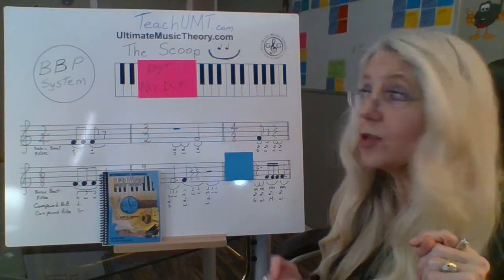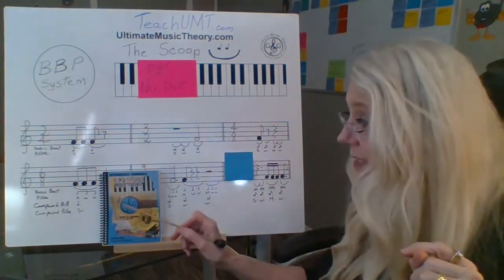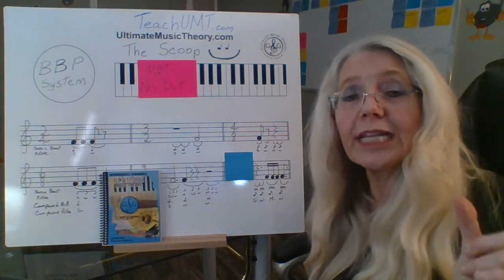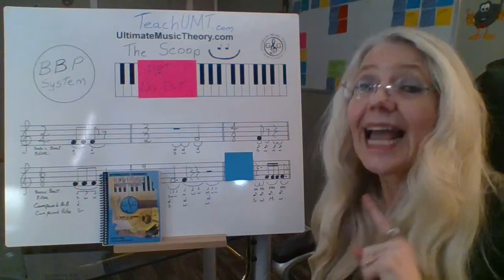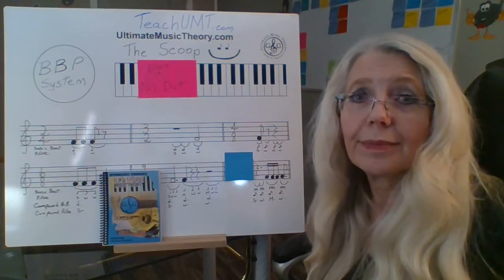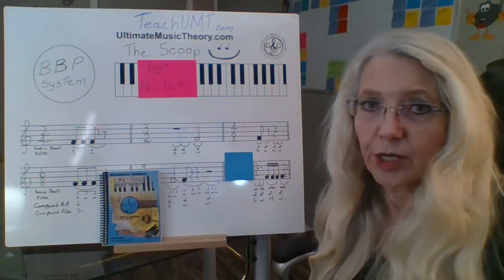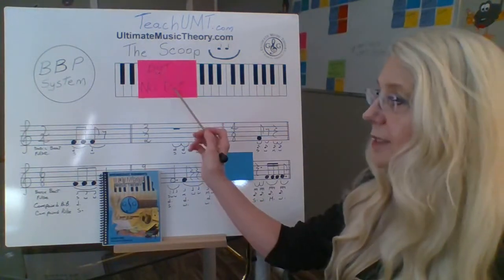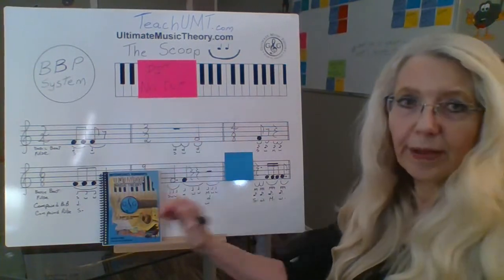A dotted 8th note must be compound time. If there is a dot on that group, remember each group is equal to 1 note. And if you see a dot, it has to be compound time. It cannot be simple time if the group is equal to a dotted note. So no dot is simple time. A dot is compound time.